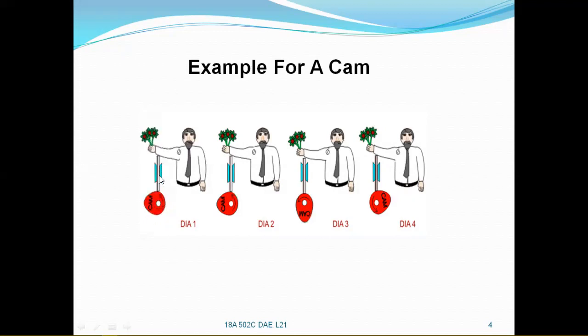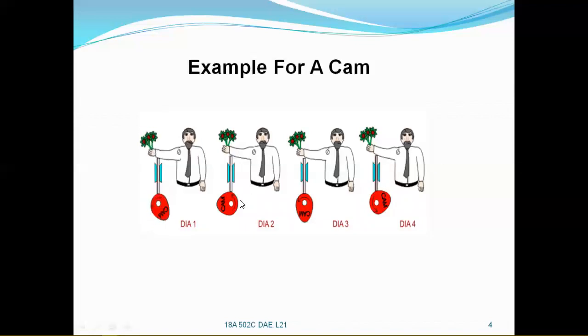Due to reciprocation of this vertical rod, the hand of a man supported at the top end of the rod has an oscillating motion. So the cam is rotating, the vertical rod is reciprocating vertically due to the rotation of the cam, and the hand of the person is oscillating. This is the principle of operation of a cam mechanism.